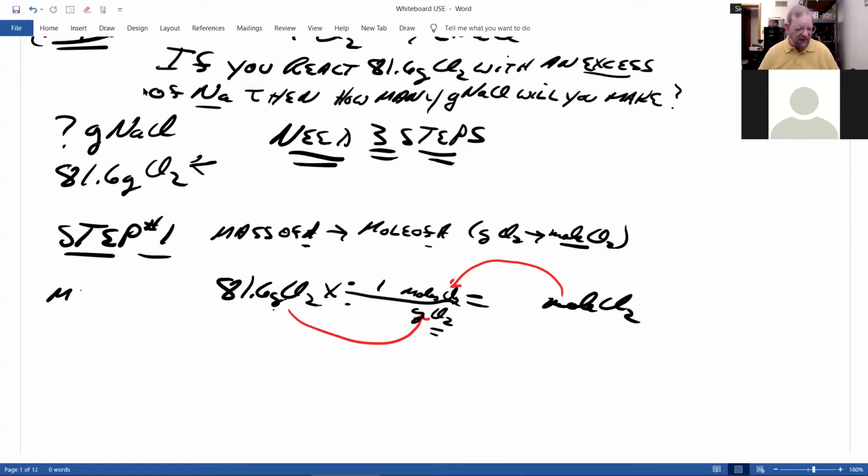The molecular weight of chlorine, Cl2, is 2 chlorines, and each chlorine, as we saw earlier, is 35.5. That's equal to 71.0 grams in this case. So 1 mole equals 71.0 grams of chlorine.